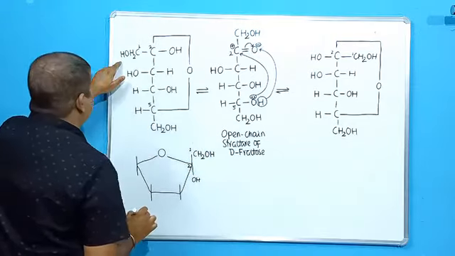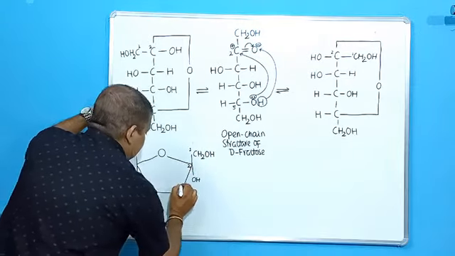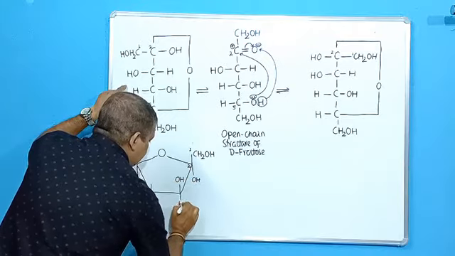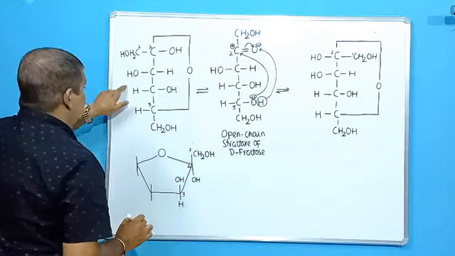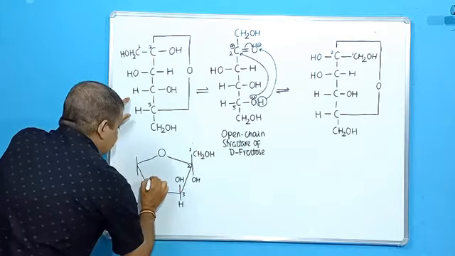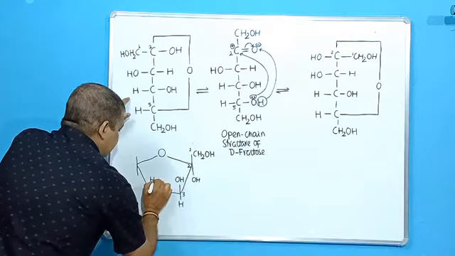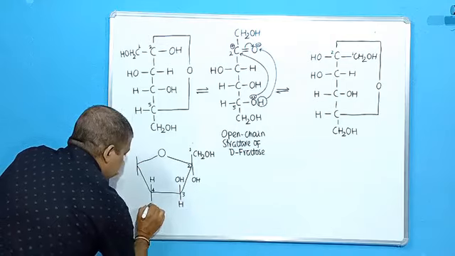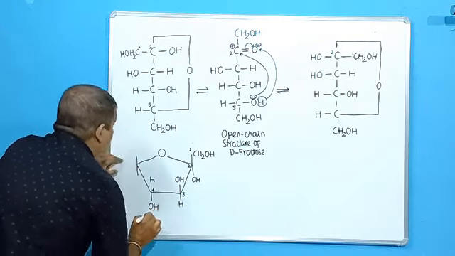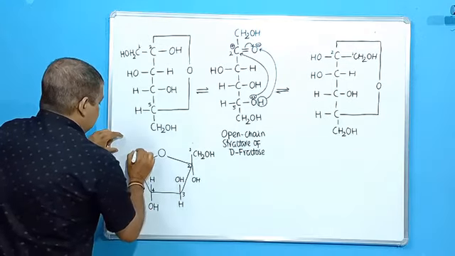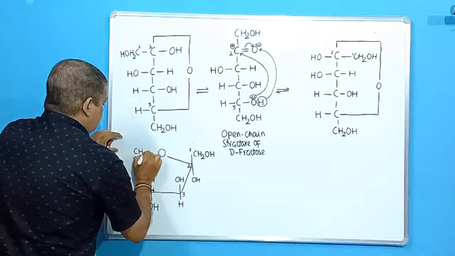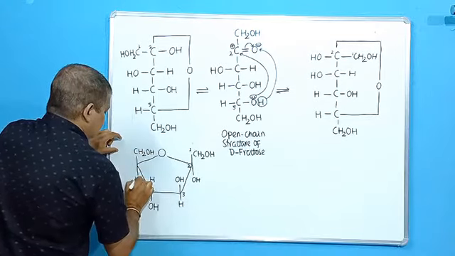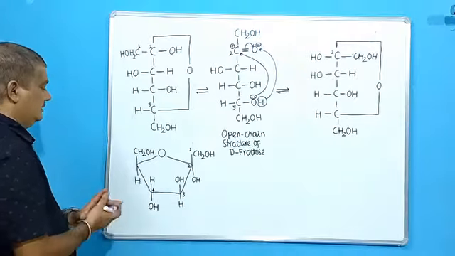This one is the second one. Then the third one, the left hand side is OH, so it will be at the top, and H will be at the bottom. This is the third one. Then the fourth one, what is at the left hand side? Now H will be at the top. So at the fourth one, H will be at the top and OH will be at the bottom. Fifth one, CH2OH, then H. Okay.